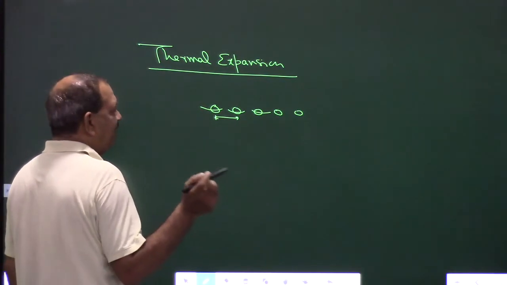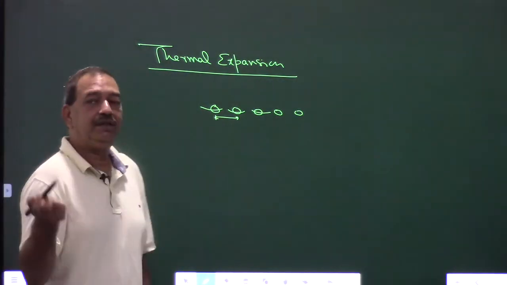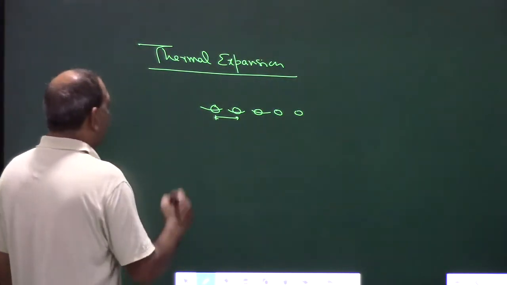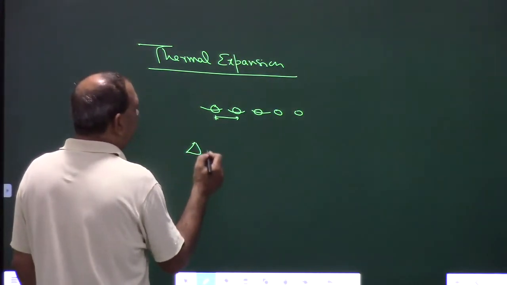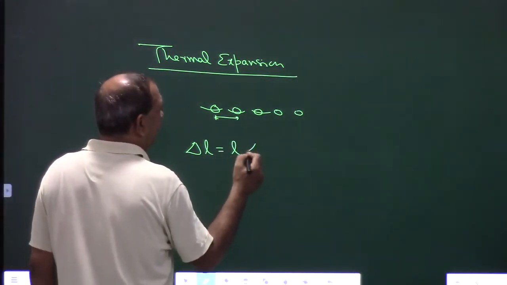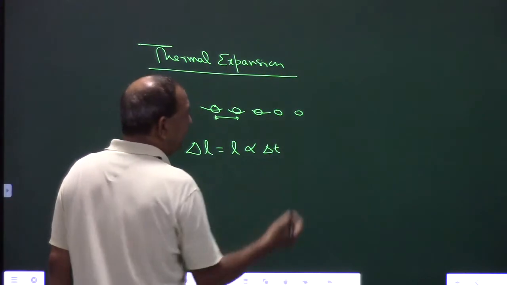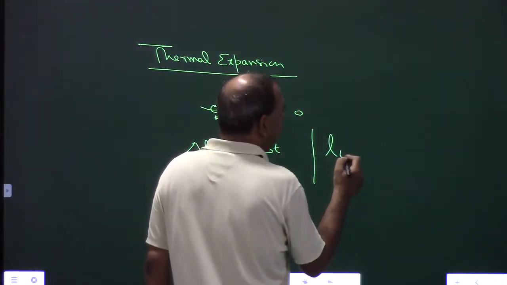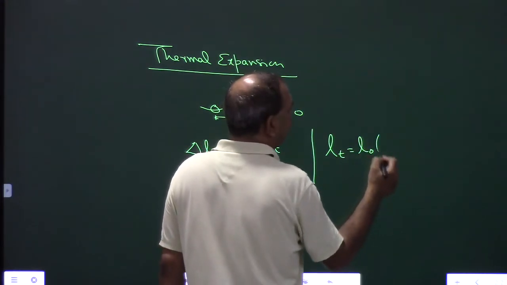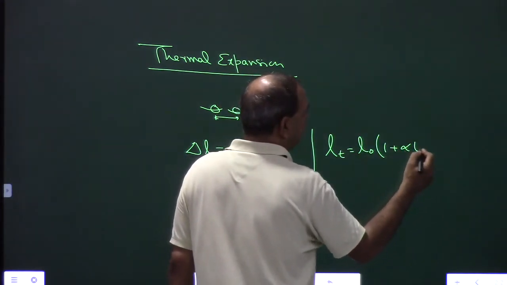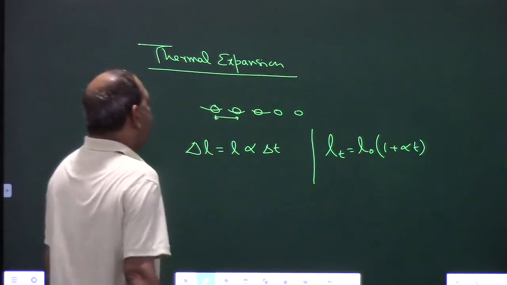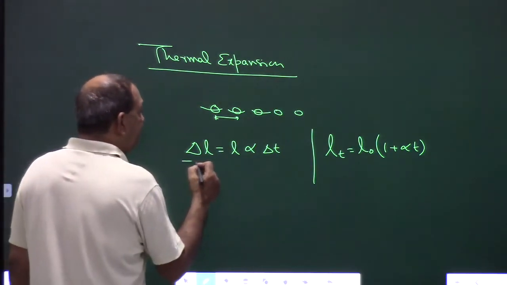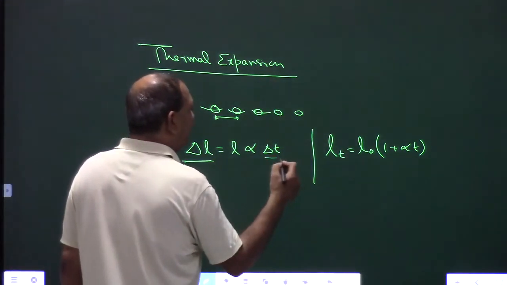For linear expansion, area expansion or volume expansion, we generally use two different formulas. One, delta L is equal to L alpha delta T, and the other, L_T is equal to L naught into (1 plus alpha T), right? Here it is the change in length with change in temperature.